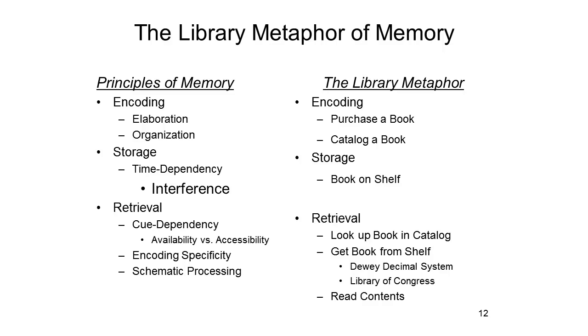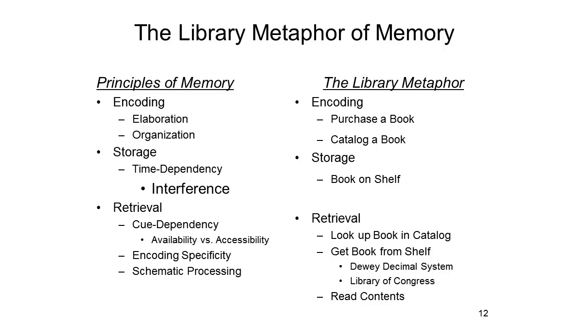And memories are stored just as books remain on the shelf until the information in them is needed by some reader. And then memories are retrieved just as we look books up in a catalog, find them on the shelf, check them out, and read them for the information they contain within.